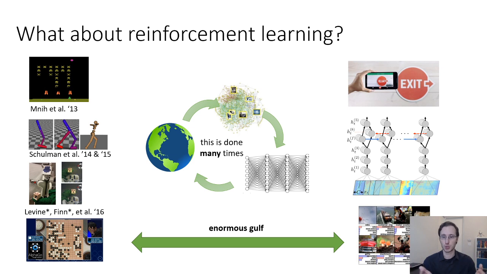All of the domains that I'm showing on the left can all be characterized as closed world settings. We know exactly what the rules of Go are. We know how the emulator for the video game works. Even the robotics application is in a laboratory setting. Whereas all of the applications shown on the right are open world domains. Images mined from Flickr from all over the world, natural text, natural speech collected from real human beings actually speaking or writing text in the real world.